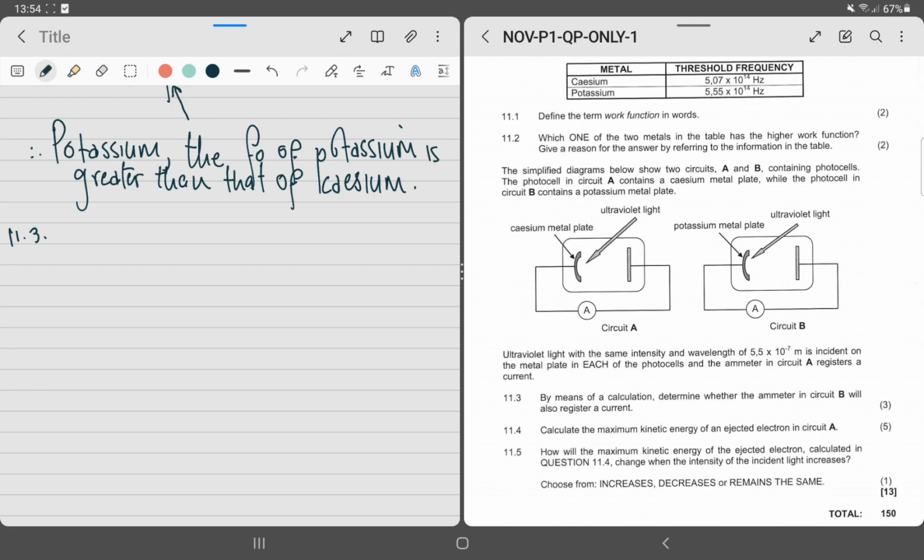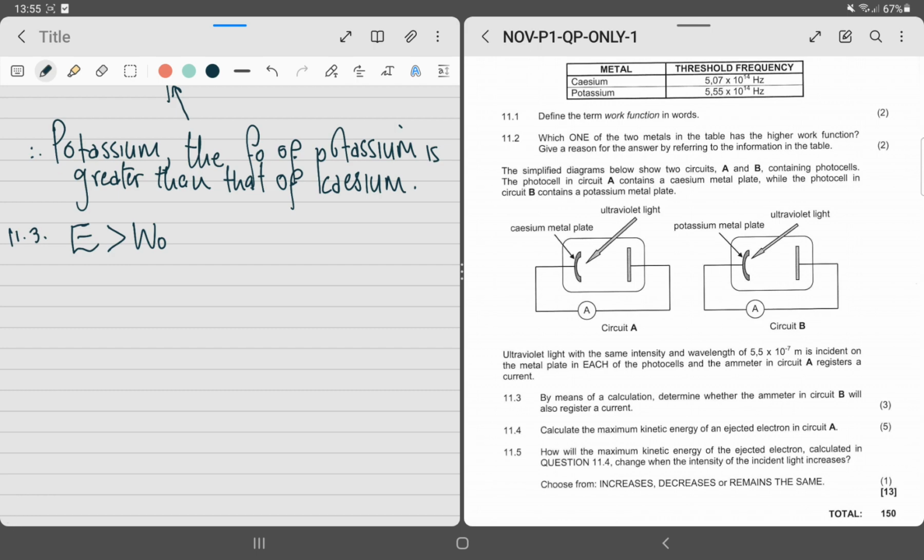So the only way that circuit B will register a current is if the energy that is supplied by the photon is greater than the work function. So if we calculate the energy of the photons and find that it is greater than the work function, then there will be a registration in the ammeter of circuit B. On top of that, we are given the threshold frequency.